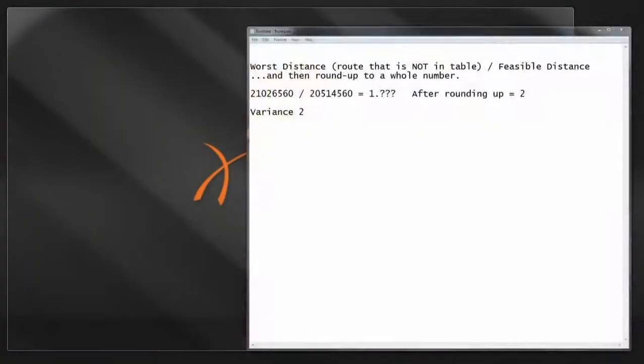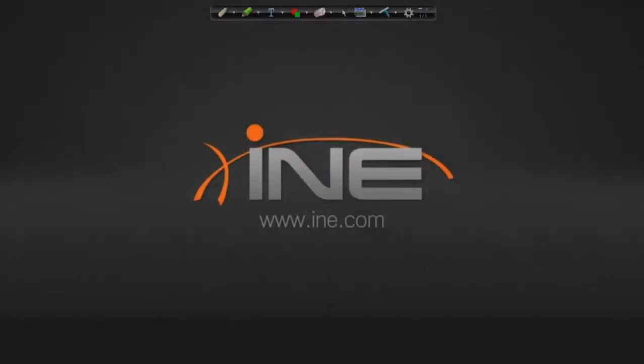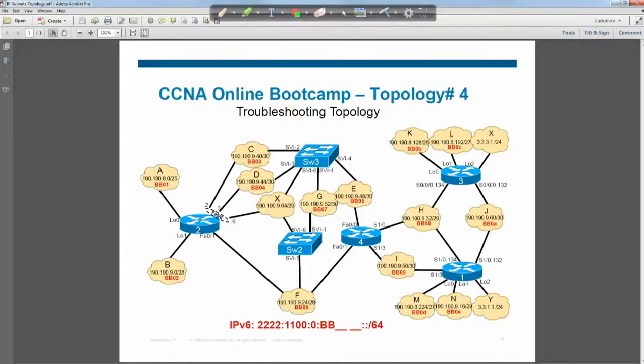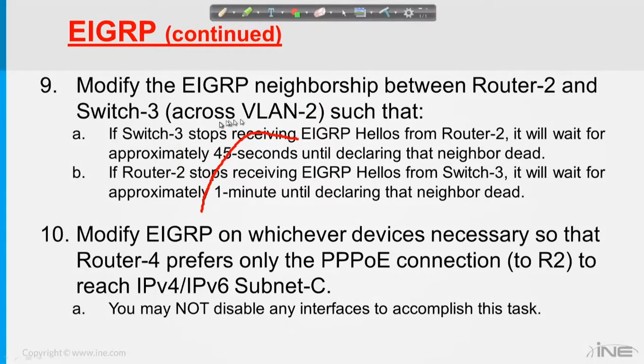So let's go back to our topology diagram here. We're talking about the relationship between these two guys across SVI2. And according to our objective, if switch 3 stops receiving hellos from 2, it'll wait 45 seconds.